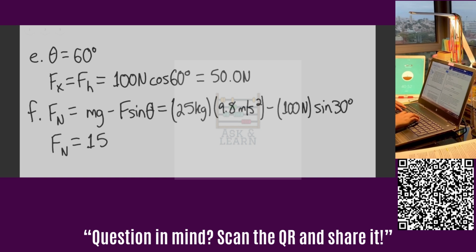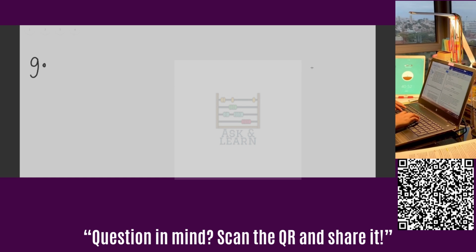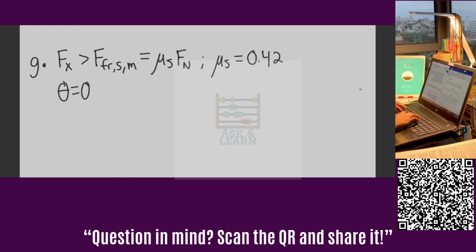Now, for part G, we need to find the condition for the chair to slide. Essentially this would mean that the x component of the force would be greater than the maximum static force of friction, which would be equal to the coefficient of static friction multiplied by force normal. We know that here the coefficient of static friction would equal 0.42, and for theta equaling 0 degrees, we have that the force in the x direction would equal 100 newtons.